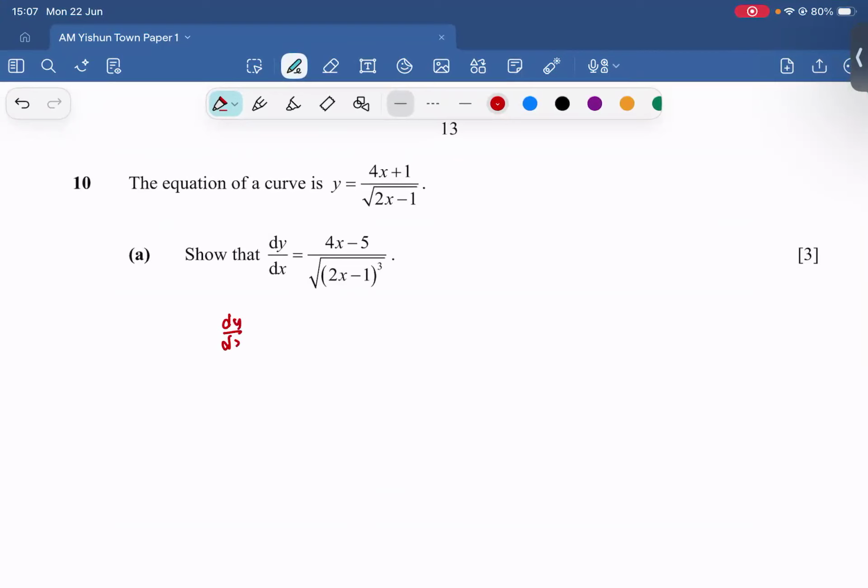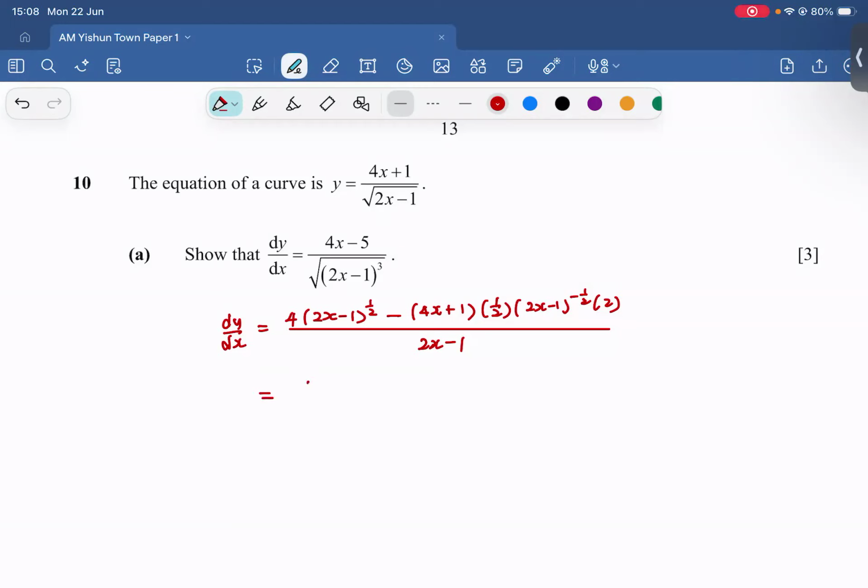So dy/dx is equal to differentiate the top, copy down the denominator, minus copy down the top, differentiate the denominator, power bring down, power minus 1, differentiate inside, over the square. Okay, then after that, simplify a bit first.